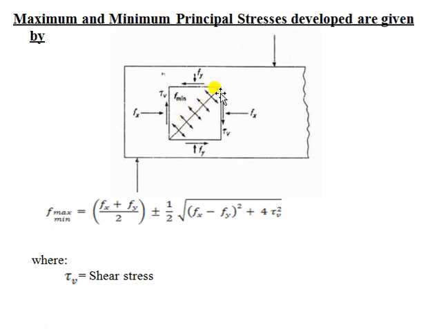This is the diagonal tension or diagonal stress developed in the member, which is also called the principal stress. The principal stresses can be calculated using this equation: F is equal to (f of x plus f of y) divided by 2, plus or minus 1 by 2 square root of (f of x minus f of y) whole square plus 4 tau v square, where tau v is the shear stress in the member.